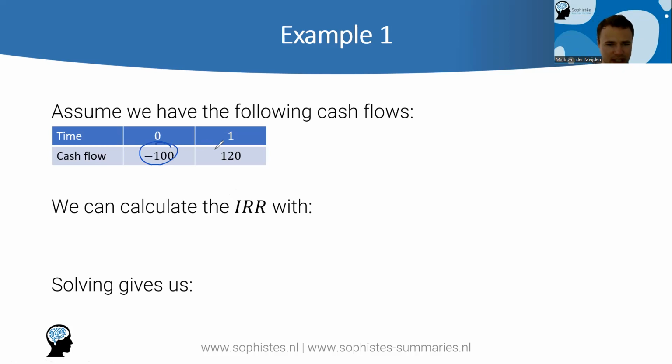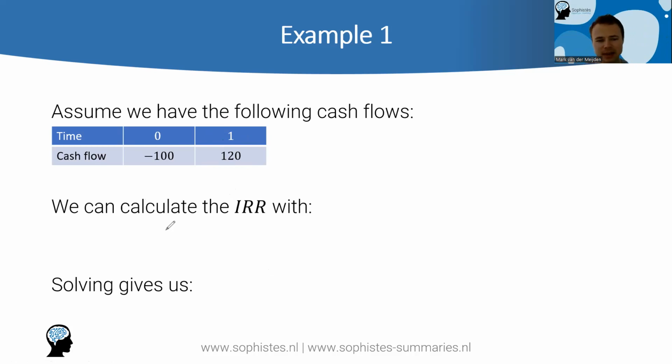So one cash flow in year 0 and one cash flow in year 1, or maybe later than year 1. Or you can have multiple cash flows. So here we only have one cash flow in the future, or you can have multiple future cash flows. If you have only one cash flow into the future, so like here, then it's actually quite easy.